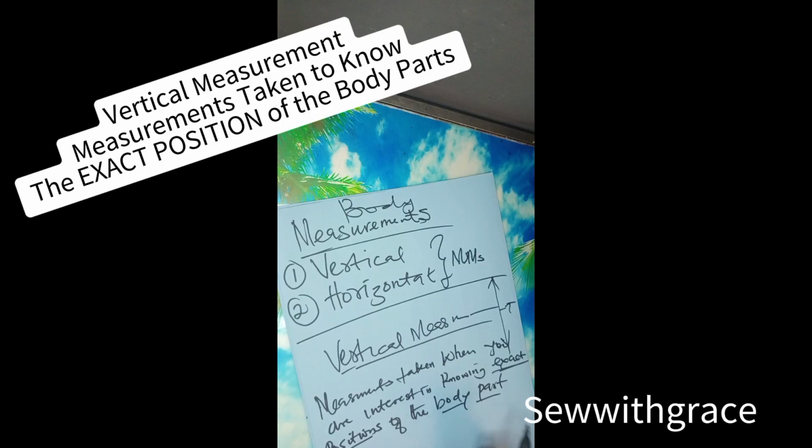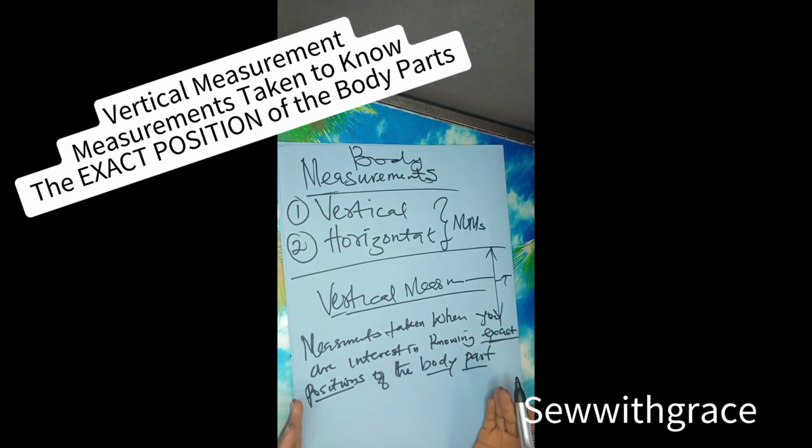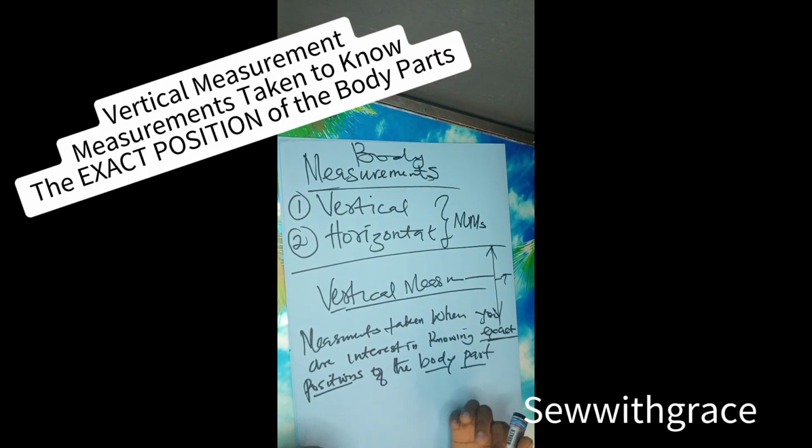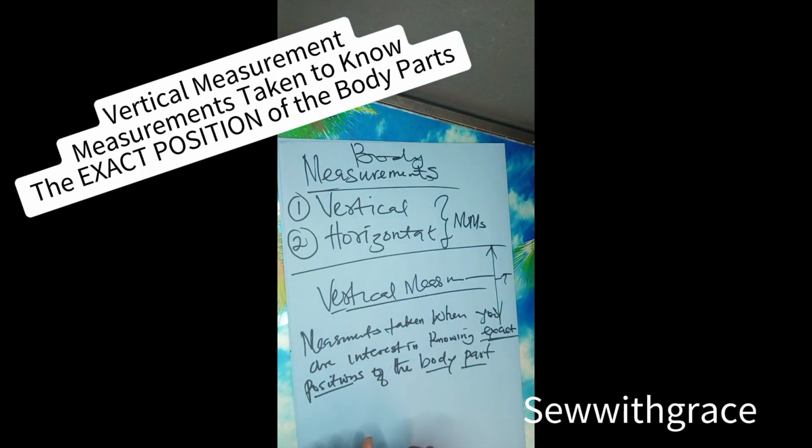That is, you want to know where the person's bust is. You want to know where the under bust is, because for somebody that is taller and somebody that is shorter, their positions are not supposed to be the same. Then for somebody that is fat and somebody that is slimmer, their positions are not supposed to be the same.